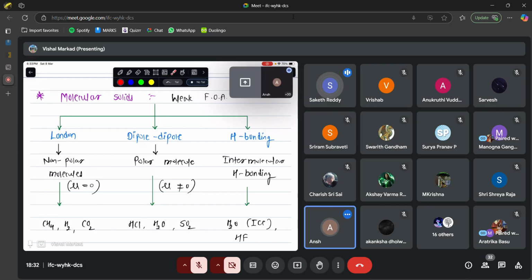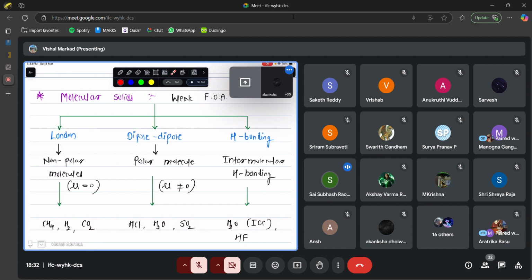NaCl. Okay. Another one. I want the example of a covalent solid. Diamond or silica. Yes, good. Then next, metallic solids: sodium, magnesium. Okay. What about the molecular solids? You can take this example also: ice. Yes, ice.